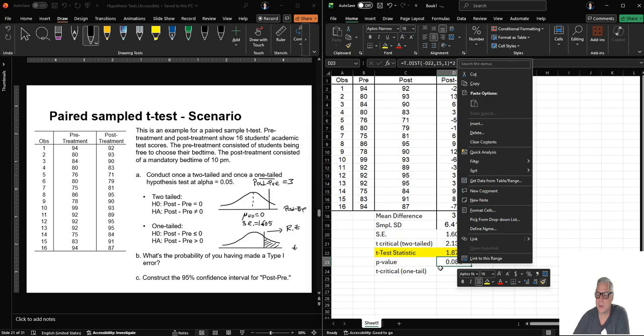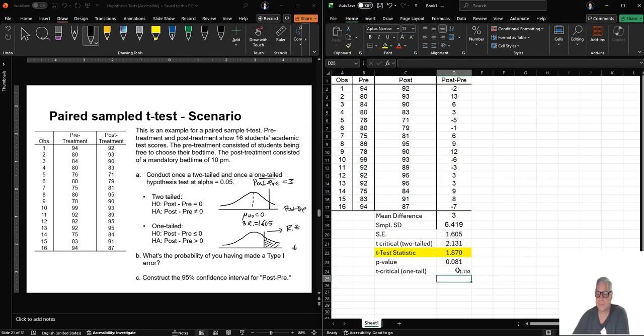Okay. So 1.753. So it is much closer to the mean.